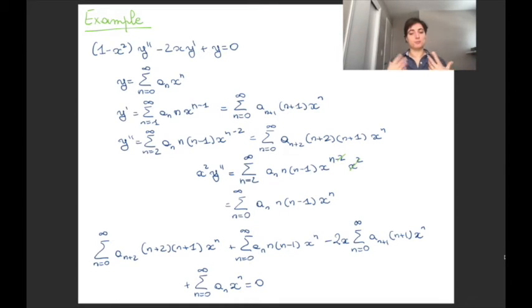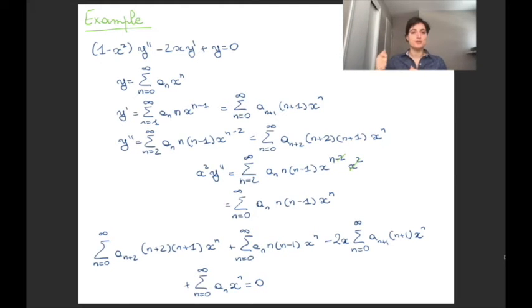Now that we have computed everything, we plug it in. We have (1 minus x squared) y'', that becomes the sum from n equals 0 to infinity of (n plus 2)(n plus 1) a_{n+2} x to the power n, plus we have x squared y'', so it is the infinite series from n equal to 0 to infinity of n (n minus 1) a_n x to the power n.